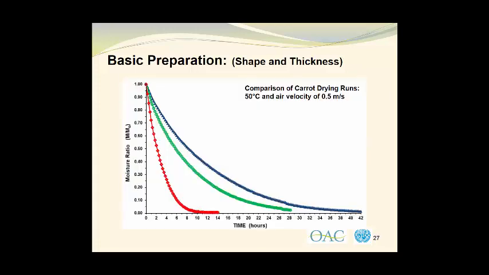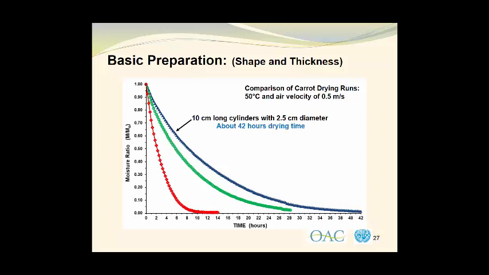Let's compare the rate of drying of the 3 runs by using this graph. Once again, they were all done at 50 degrees Celsius with 0.5 meters per second as the velocity of air in the dryer. The first curve, which is the blue one, shows how the 10 centimeter long cylinders with the 2.5 centimeter diameter dried.